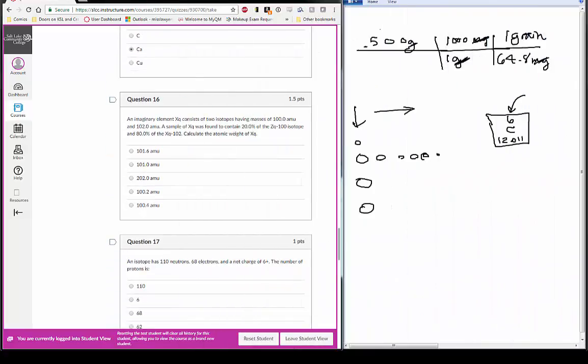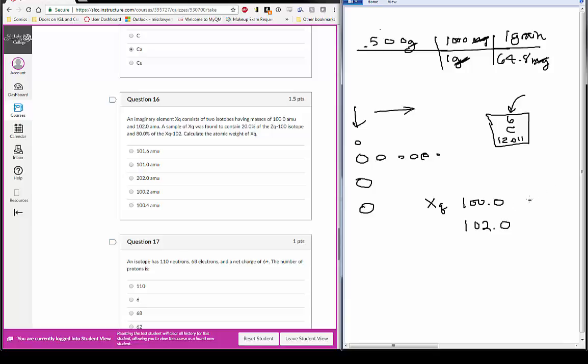Now looking at weighted atomic masses, we've got element XQ. You've got XQ with a mass of 100 atomic mass units and 102 atomic mass units.